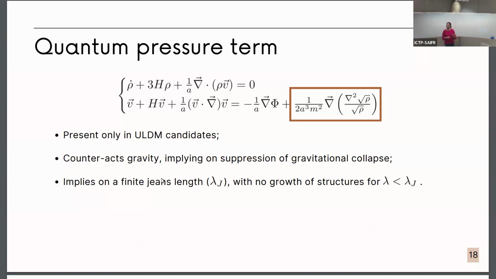And this will imply that this kind of model will have a finite Jeans length, which means that there will be a typical scale that depends on the mass of the candidate, for which on scales smaller than this one, there will be no growth of structures. So it's a very important feature of this candidate.